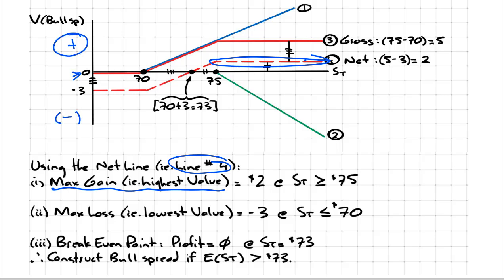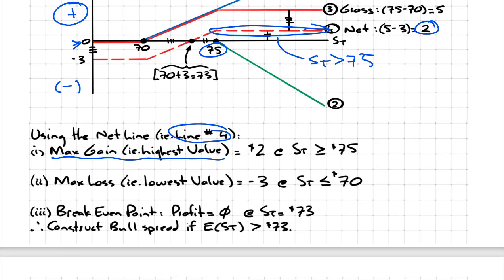So what's the highest positive that your net line reaches? We already have the answer. It's 2. I can also tell you from what price range that occurs. This occurs for any price that's greater than 75. For any price greater than 75, you walk away with $2 profit. And that's exactly what I have right there.